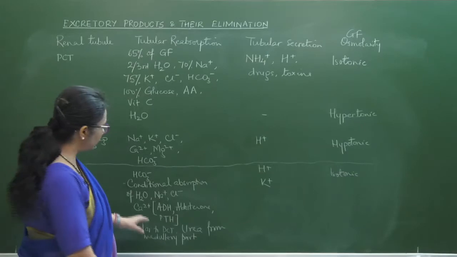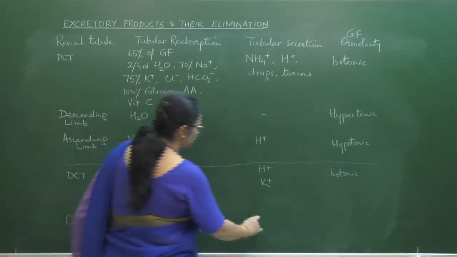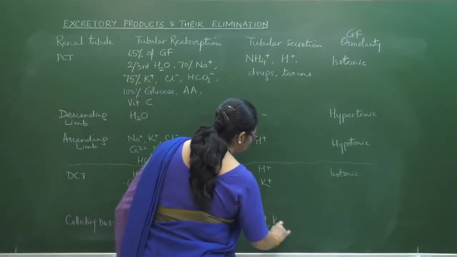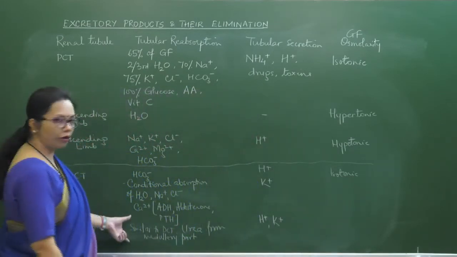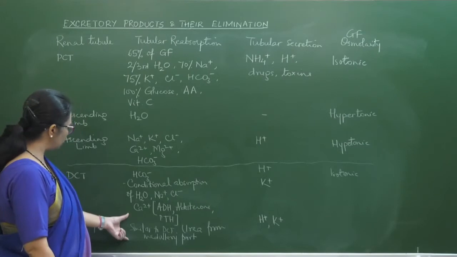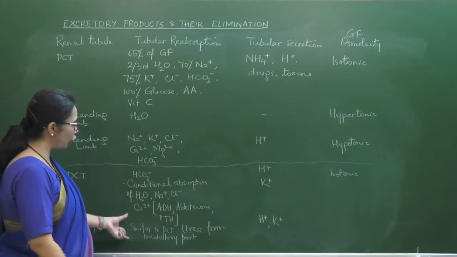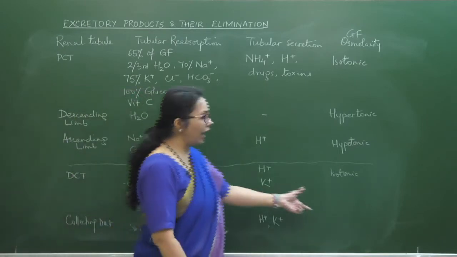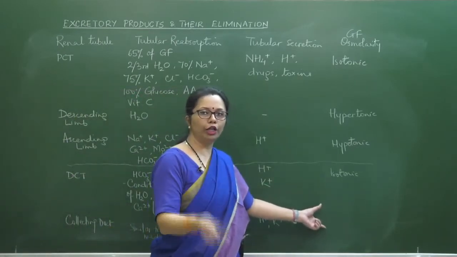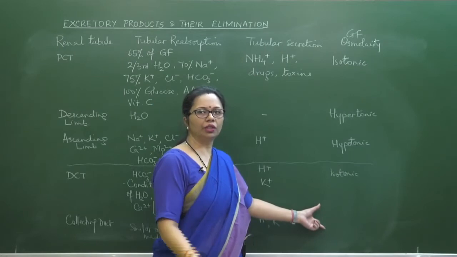I hope it is visible. Yes. And as far as secretion is mentioned, H ions, K ions. So depending on the hormones, if the hormones are present, then lot of water is going to be absorbed here, otherwise not. So accordingly we have the ability to produce dilute urine as well as concentrated urine.